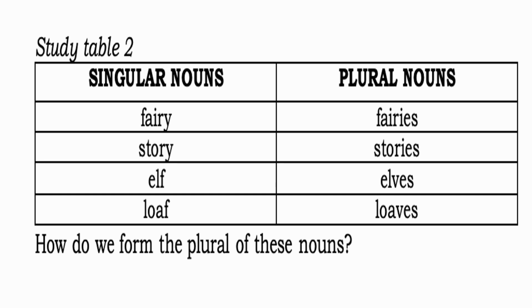We form the plural of the nouns by changing Y to I if the noun ends with letter Y, and add ES to form the plural. If the noun ends with letter F, change it with V and add ES. Like elf, elves, loaf, loaves.